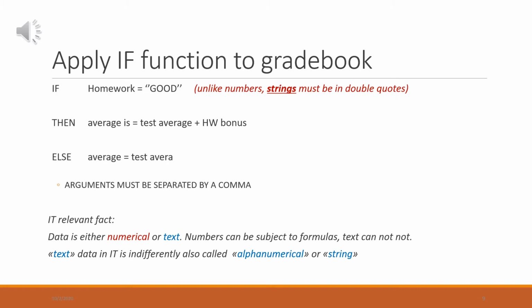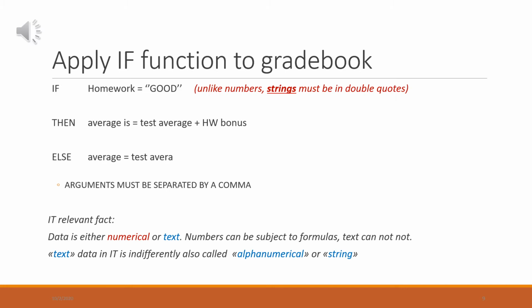Now, since we are checking not numbers but letters, also called strings in IT, you have to put the letters in double quotes, and small caps will be different from capital letters. Then is the second argument of the function. What happens if the homework is actually good?